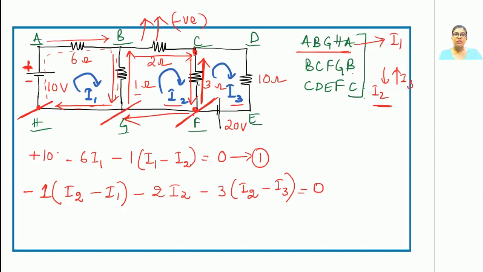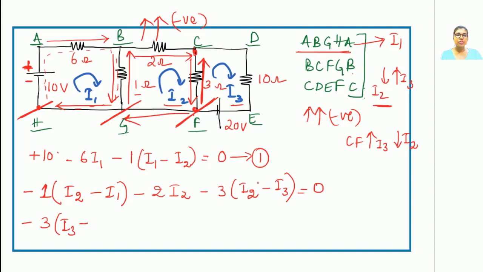Our analysis is from F to C and the current I3 is also flowing from F to C. So both are in the same direction, so it's a negative drop. So it's minus 3 times I3. Now since this is a common branch between I2 and I3, there will be a term for I2. Why is it a minus? Because for this particular branch CF, I3 is from bottom to top, whereas I2 is from top to bottom.